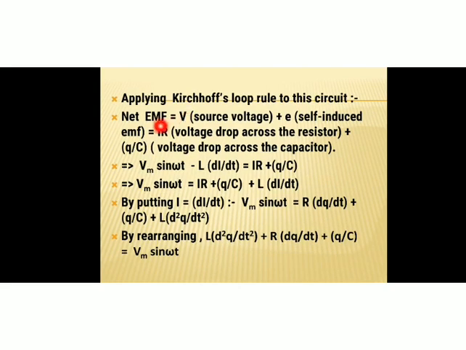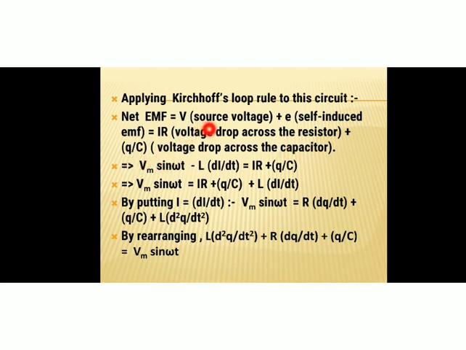So when you apply Kirchhoff's voltage rule or loop rule to this circuit, you will get the net EMF, that is the source voltage, our AC voltage, plus the self-induced EMF, equal to IR, the voltage drop across the resistor, plus Q by C, the voltage drop across the capacitor.